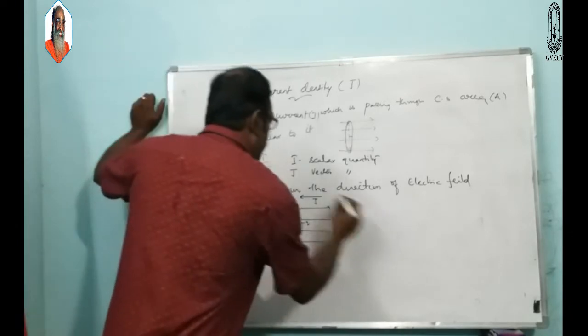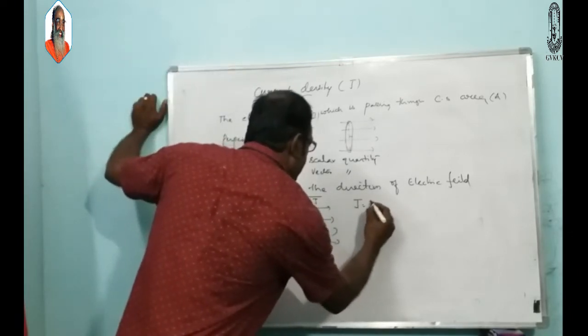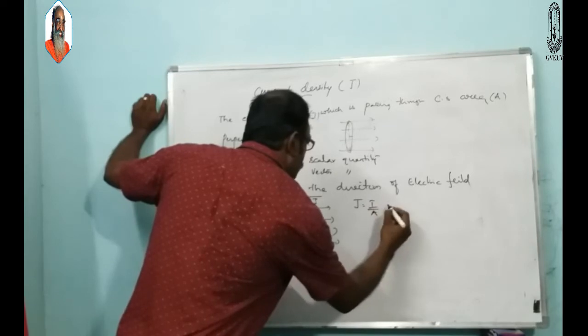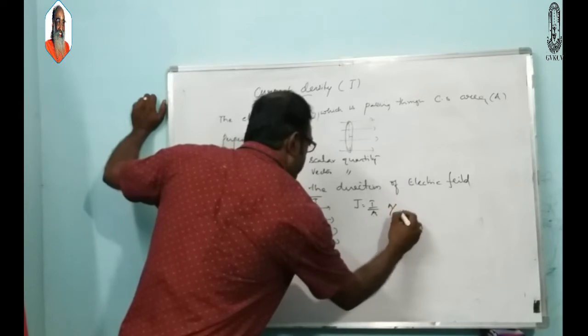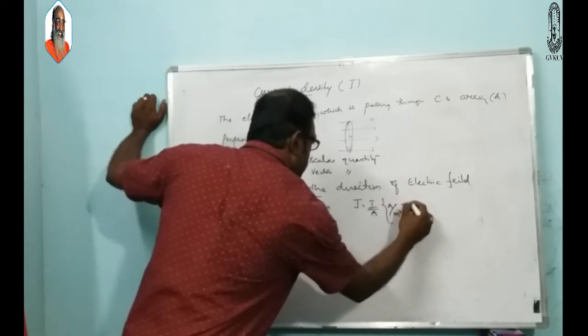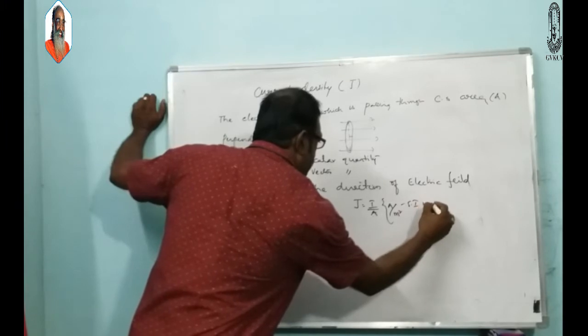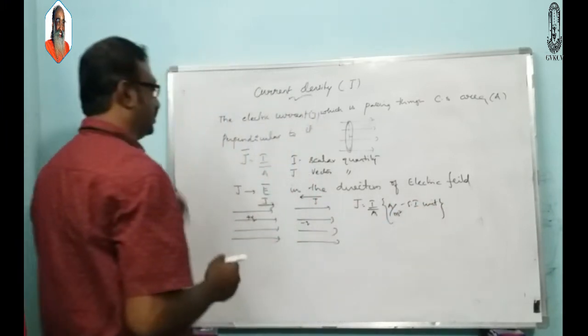Now from J is equal to I by A, the SI units will be: I is in ampere and area is in meter square, so ampere per meter square. That is the SI unit.